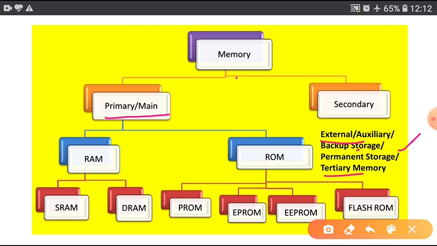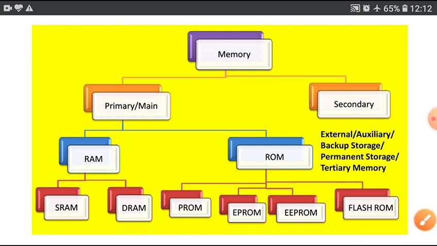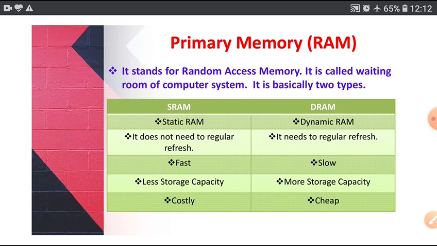Main memory is divided in two categories: RAM and ROM. RAM is basically divided in two categories: SRAM and DRAM. ROM, PROM, EPROM, EEPROM and flash ROM. You can see this diagram. Now I want to discuss it one by one in detail.